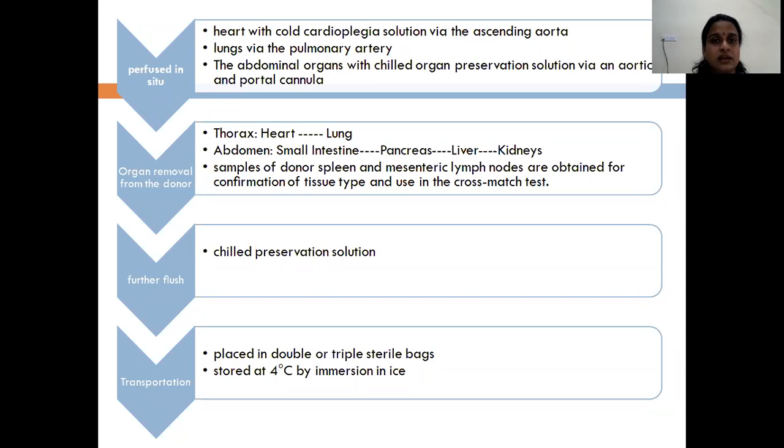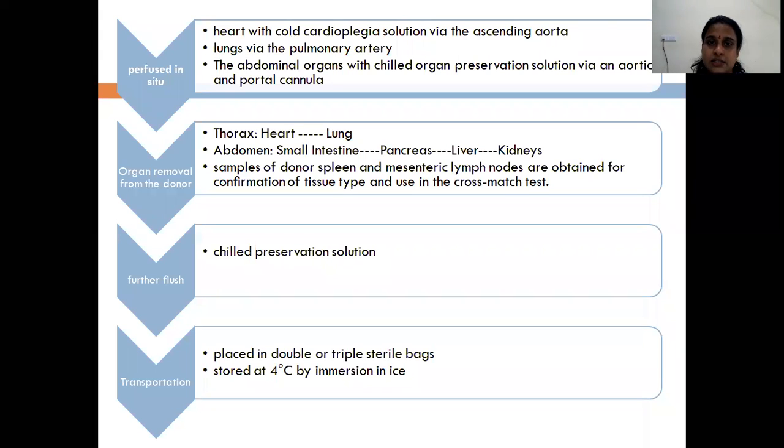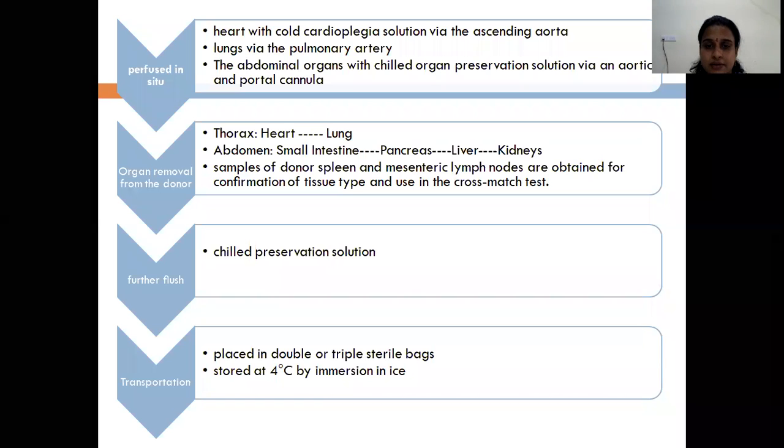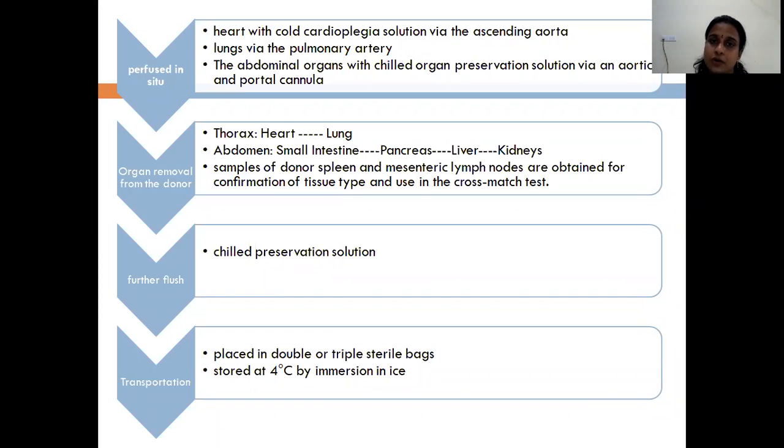If it is an elective donor, we will have that pool ready beforehand. But for deceased donors, of categories 1, 3 and 5, we will remove tissues from the spleen and mesenteric lymph nodes to help cross matching.